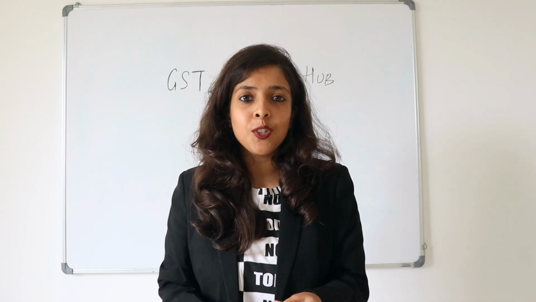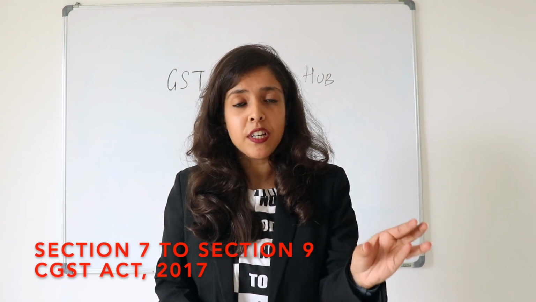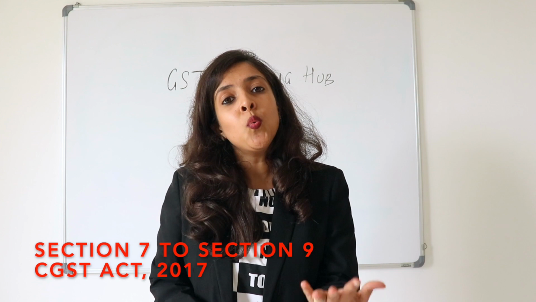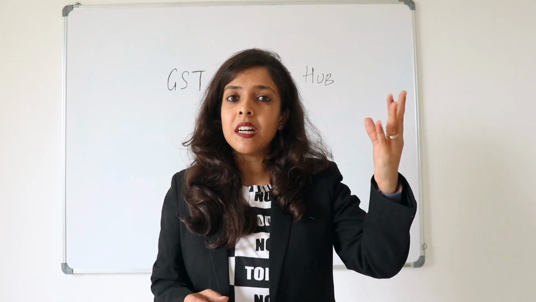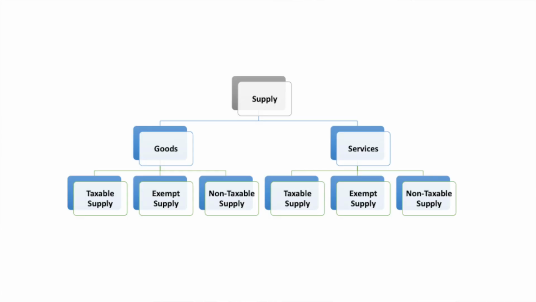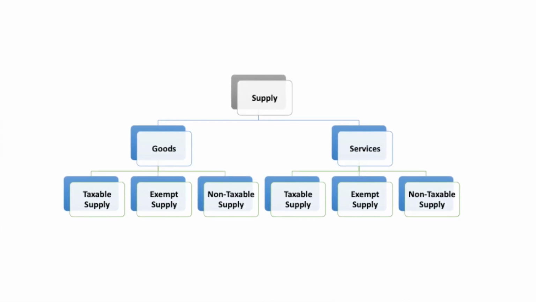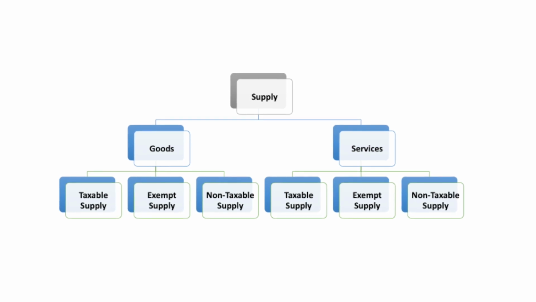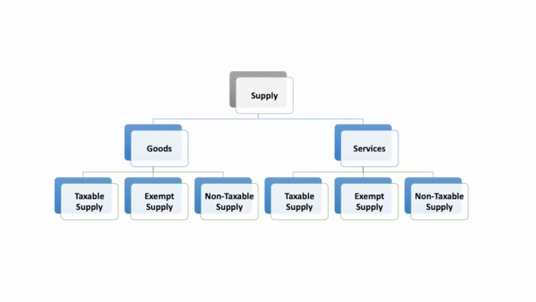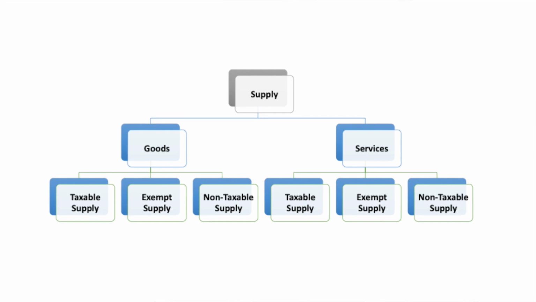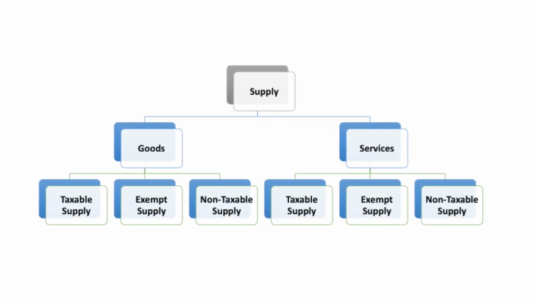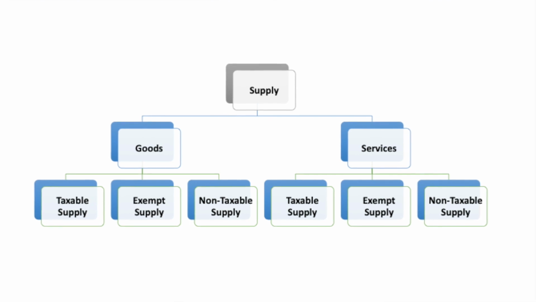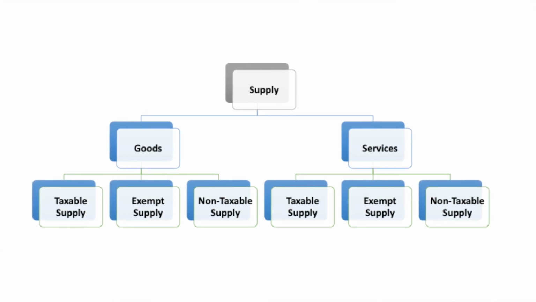So when you study the GST law under section 7 to section 9, you will understand that there will be certain supply of goods that will be taxable, certain supply of goods that is non-taxable, and certain supply of goods that are exempt. Similarly, there will be certain supply of services that are taxable, supply of services that are exempt, and supply of services that are not taxable.